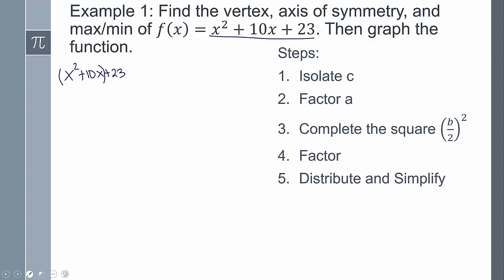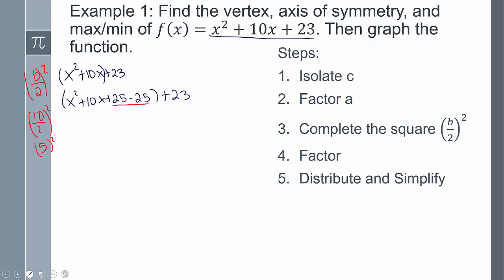What we're going to do is complete the square. To complete the square, you take b over 2 and you square it. In this case, my b is 10, so I'm going to take 10 over 2, that's 5, squared. Now, the second thing is I can't just take that 25 and spontaneously add it out of nowhere.